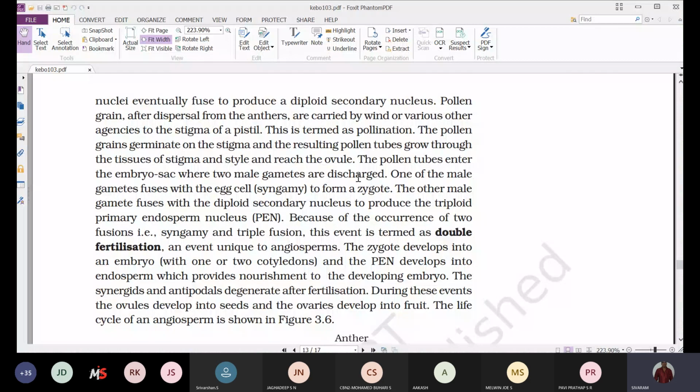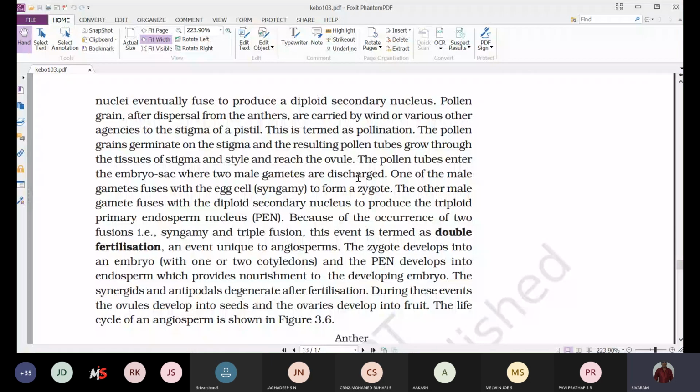That is, the pollen grain carrying two male gametes. Usually up to gymnosperms, the pollen grain carries only one male gamete. But in angiosperms we find a unique feature in which the pollen possesses two male gametes.